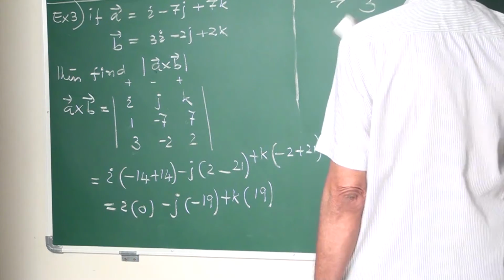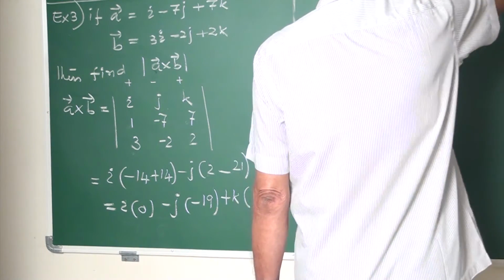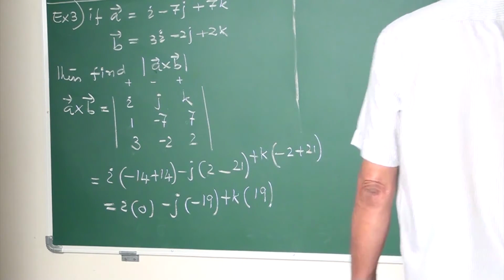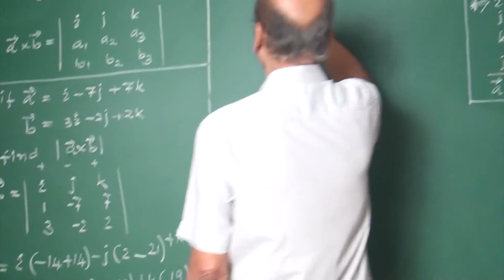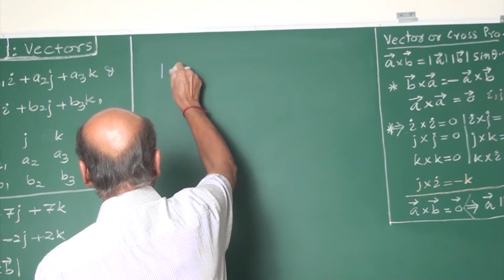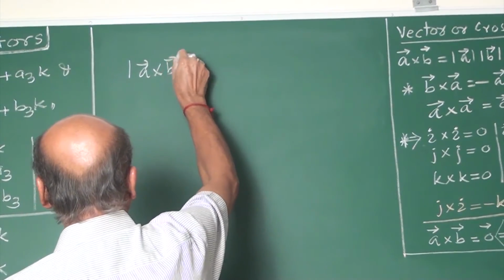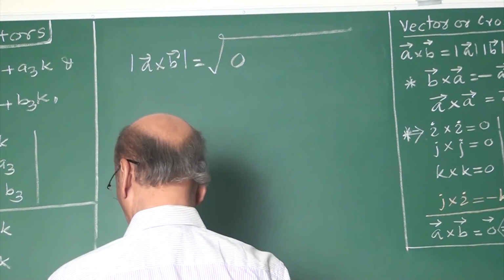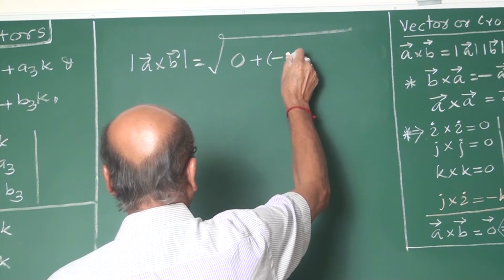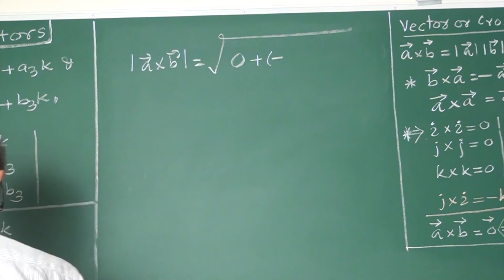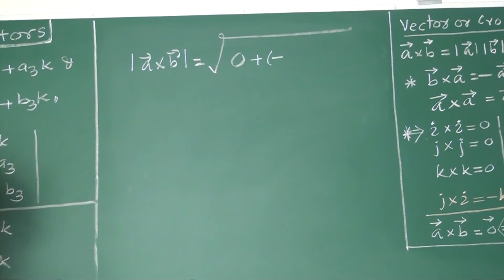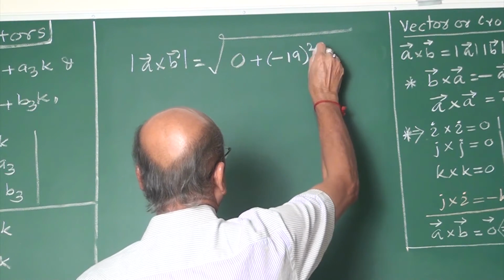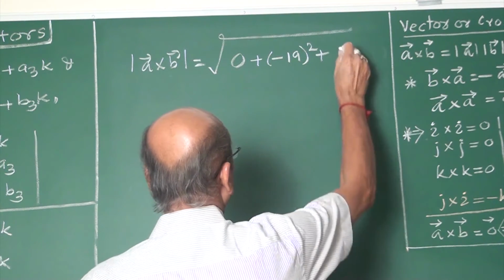Then its magnitude. Magnitude of A cross B is the square root of the squares of the scalar components: 0 squared, plus minus 19 whole square, plus 19 whole square.